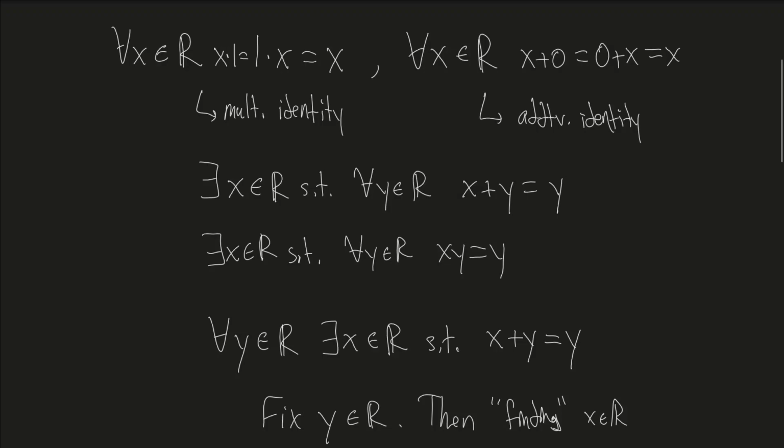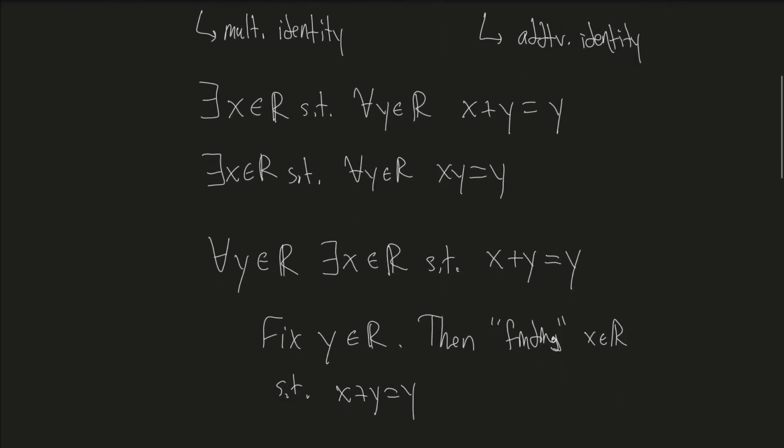So for this additive identity, we're basically saying that there exists an x in the reals such that for all y in the reals, x plus y is equal to y. So it just gives back y. And then for multiplication, we essentially say the same thing. There exists x in the reals such that for all y in the reals, x times y is equal to y.